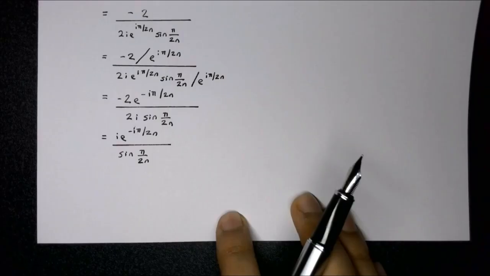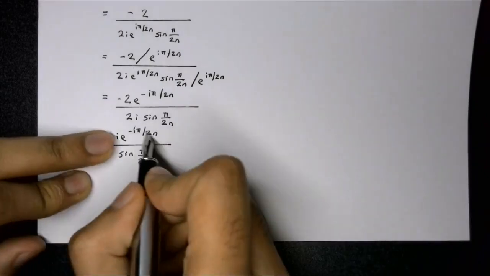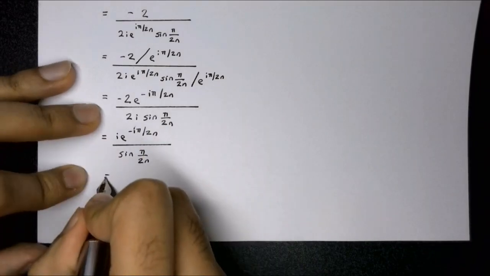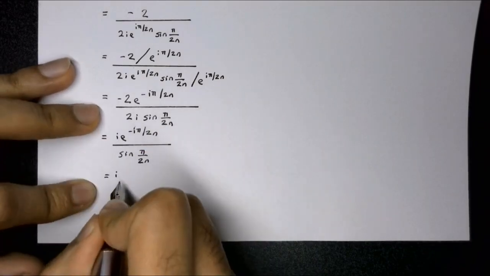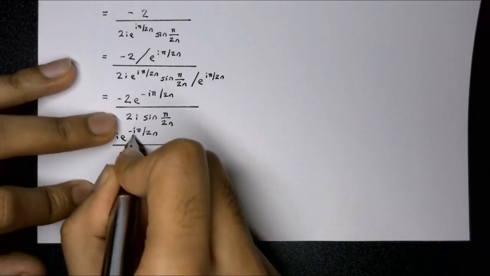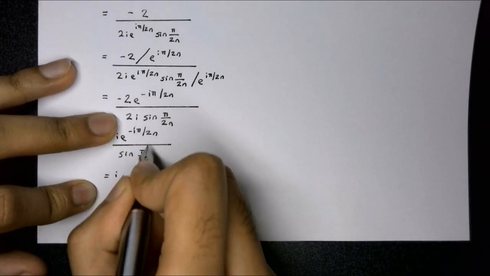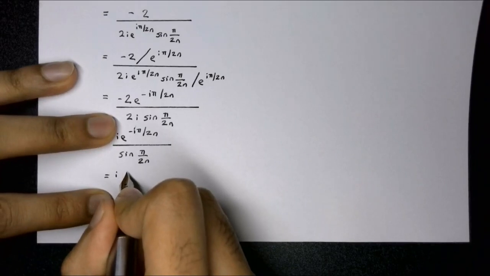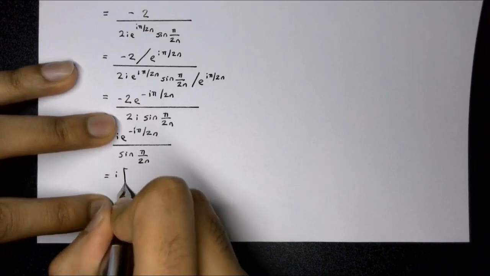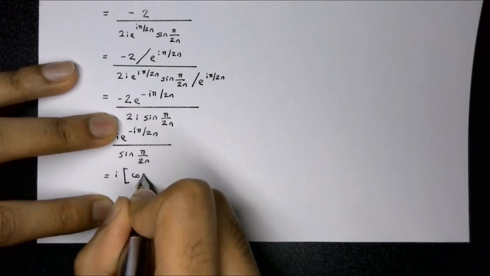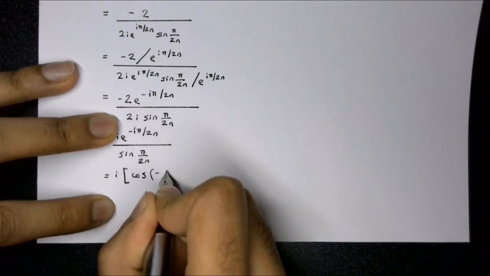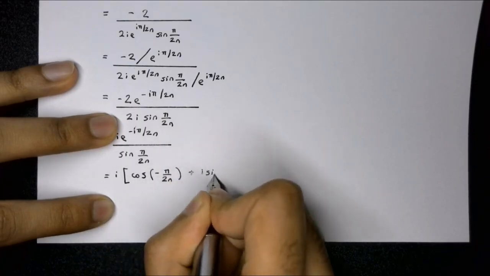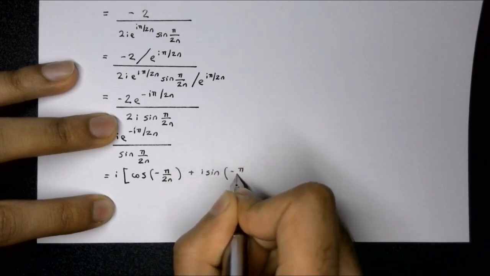What we can do is write this exponential form of a complex number in mod arg form. We still have this i, we'll leave that alone for a second. And e to the minus i pi over 2n, you'd find this to be, if we open up a big bracket, the cosine of minus pi over 2n plus i sine of minus pi over 2n.